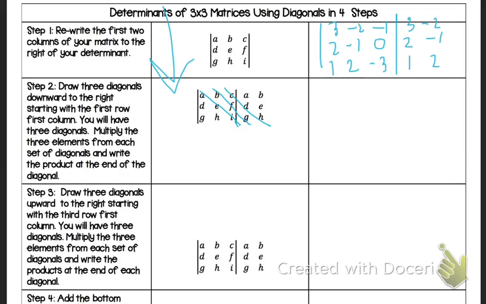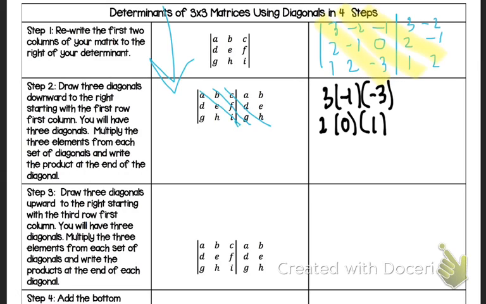So if we do that, we're looking at 3 times 3 times negative 1 times negative 3, and then again 2 times 0 times 1, and then the last one, negative 1 times 2 times 2.